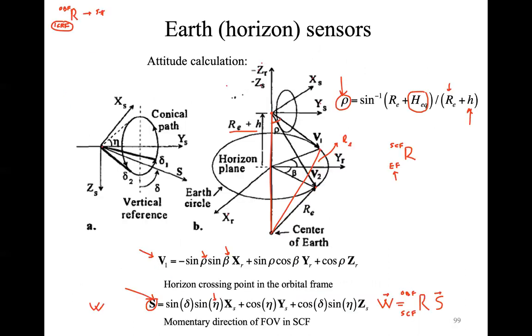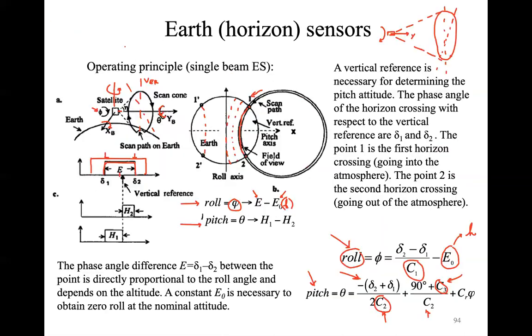The last part that we have seen yesterday is a different approach to confirm one of the main weaknesses and limitations of the sensor. As we said, if you have only one Earth horizon sensor, you have only two crossing points at the limb of the Earth disk.